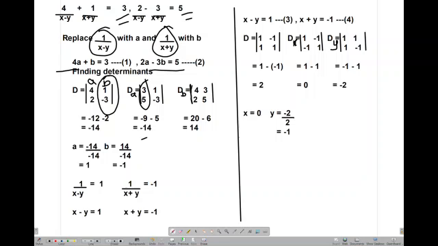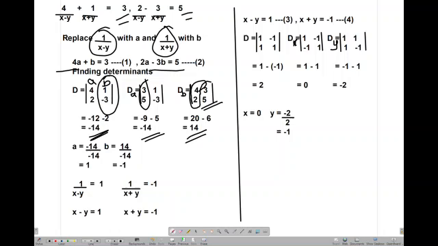So after solving we get the value as minus 14, and in case of b we'll keep this part the same, that is 4 and 2, and we'll change these values with 3 and 5. So the value we get is 14, and we calculate dA, which is minus 14 upon this value, minus 14, and we get 1.